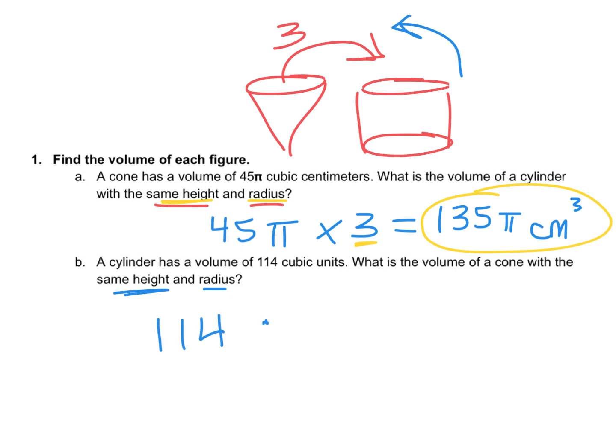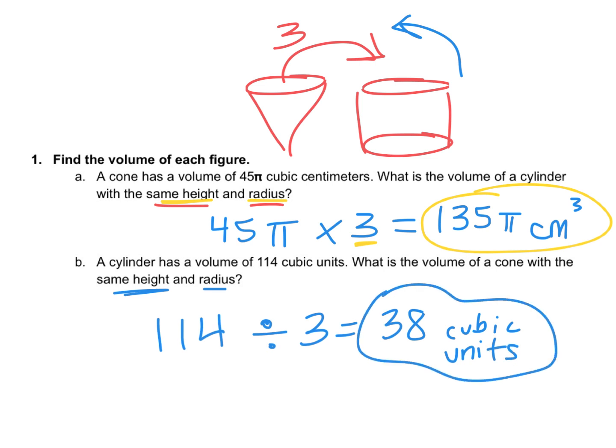So we would take the 114 and divide that by 3. 114 divided by 3 is 38. And our label just says cubic units, so I'm going to write cubic units. It didn't say anything about pi, so I just did straight up 114 divided by 3.